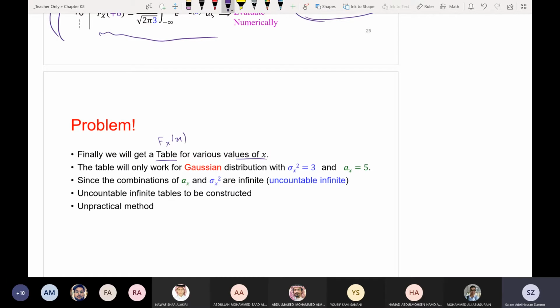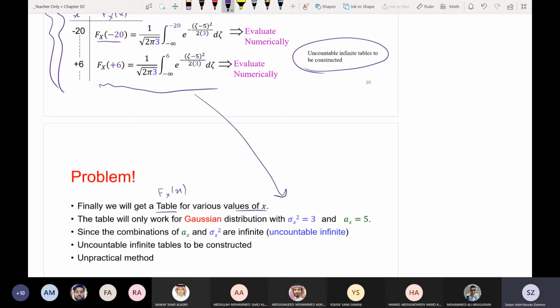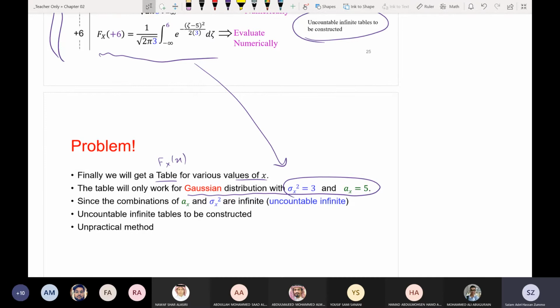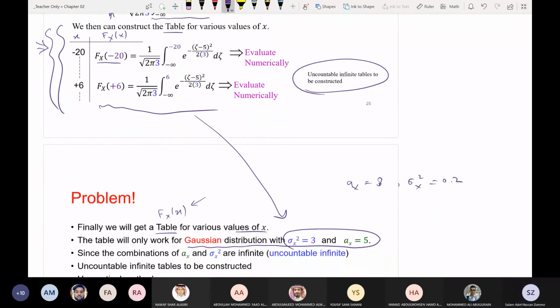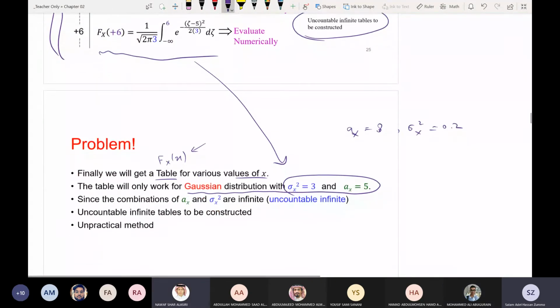However, this table اللي تونا we created this table will only work for a Gaussian distribution with these average equal ax 5 and sigma x squared 3. الآن لو جتني بروبلم ثاني بعدين رحت على لاب ثاني وطلع لي Gaussian with ax equals 8 and sigma x squared equals 0.2. I need to run this again صح ولا لا? In order to find the fx of x for every value, isn't it? Yes. Yes. Which is too much.